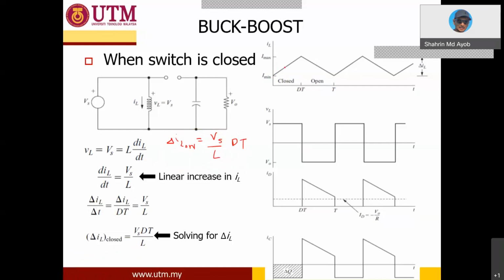So this is IL during the on state. It increases from I min to I max. And this is the VL waveform during the on state, where VL equals VS, positive VS, because from here you can see it.